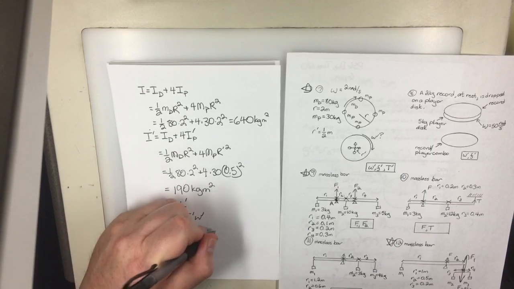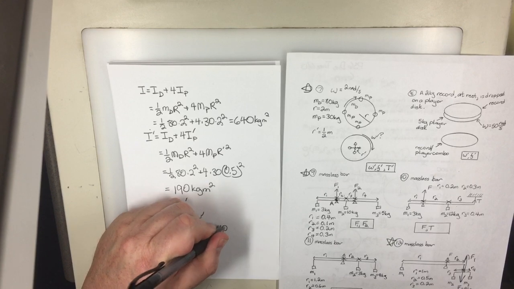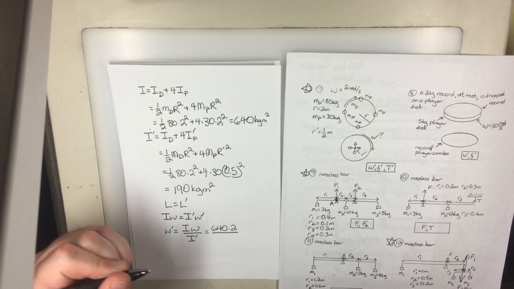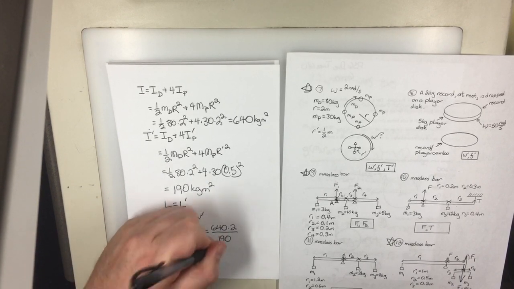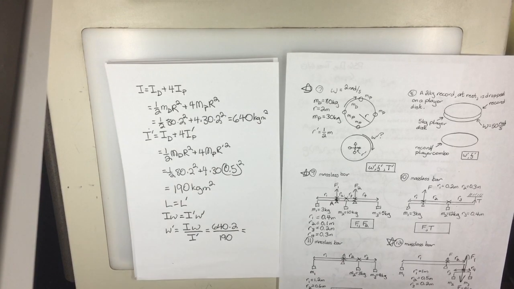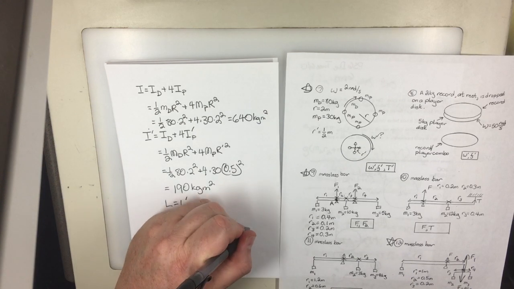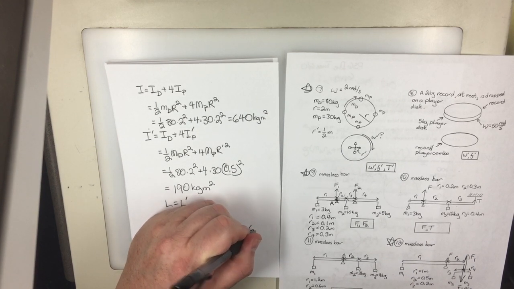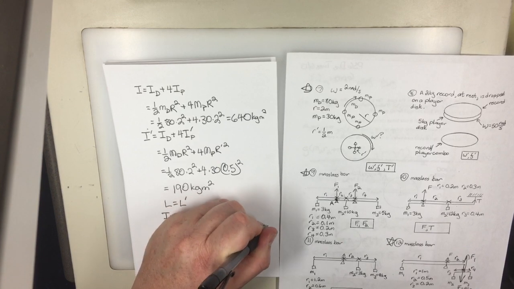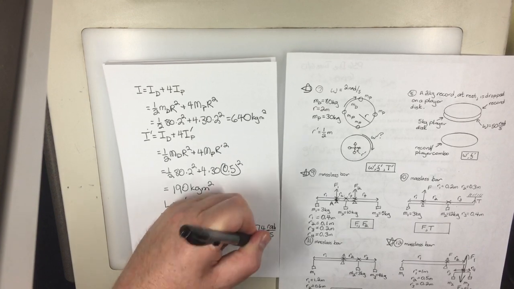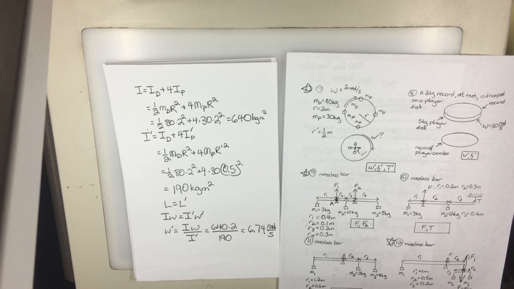This gives you 640 times 2 divided by 190. And that gives me a not nice number of 6.74 radians per second. Let me see if there is a nice number inside. Nope, no nice number.